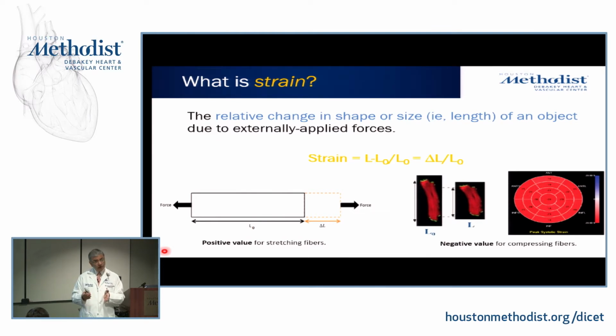Strain, to be critical, is a 3D deformation, what really happened to this structure if I compress it or stretch it, right? In 2D, an echo for the ventricle, you look at one vector most of the time. It's longitudinal strain. You forget what happened radially, you forget what happened circumferentially, right?